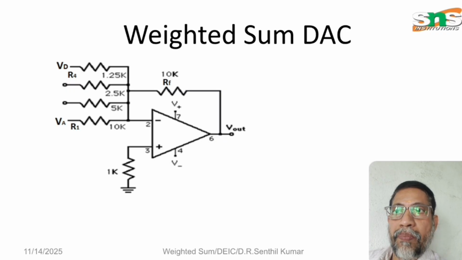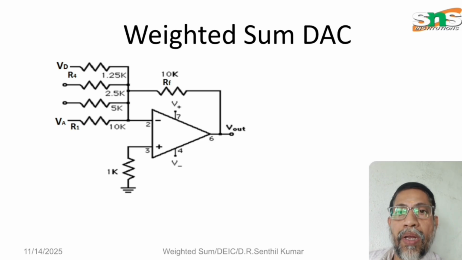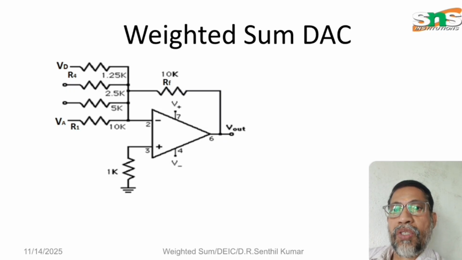There are 4 bits: VA, VB, VC, and VD. The 4 inputs are each connected through a resistor to the inverting input terminal.